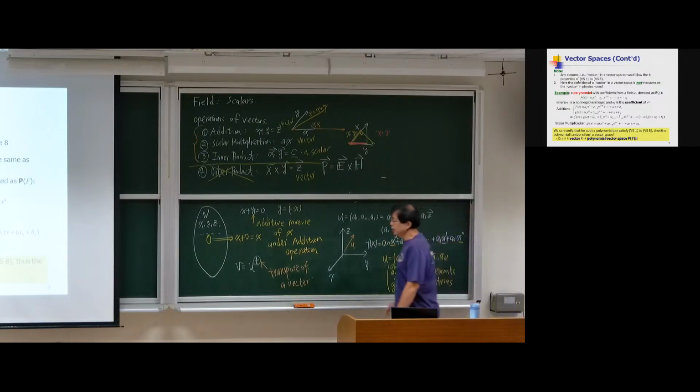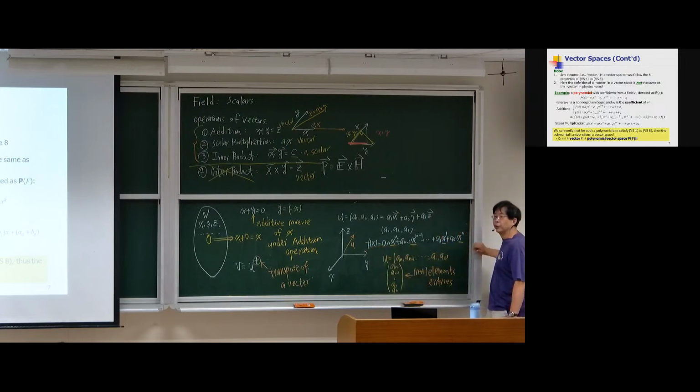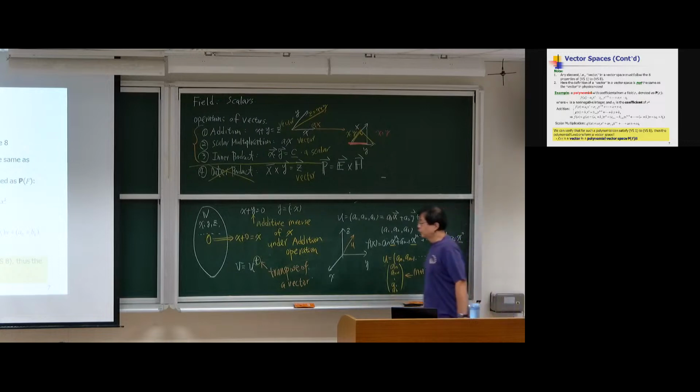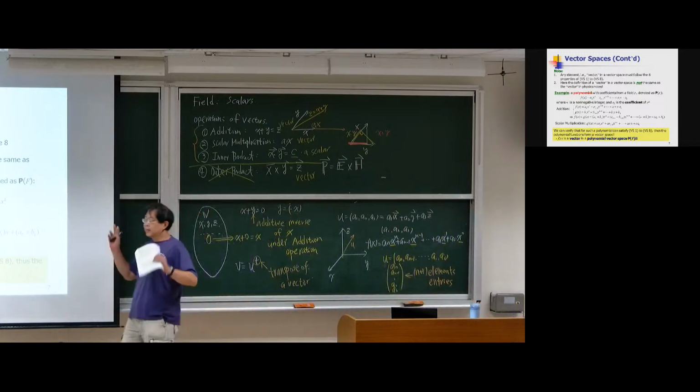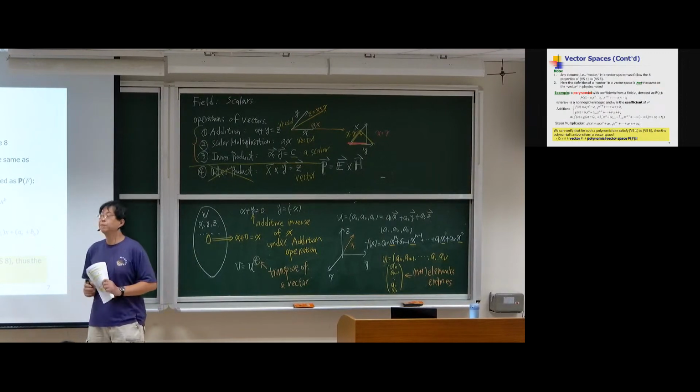So in this scenario, we know this kind of format forms a vector space, so as to this polynomial. So right now, the vector space is no longer the definition of a physical system.